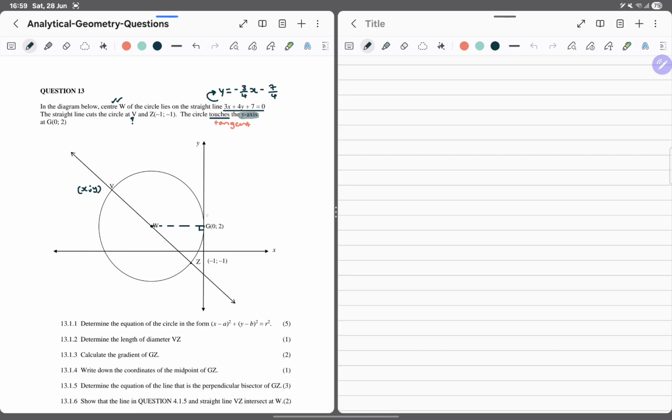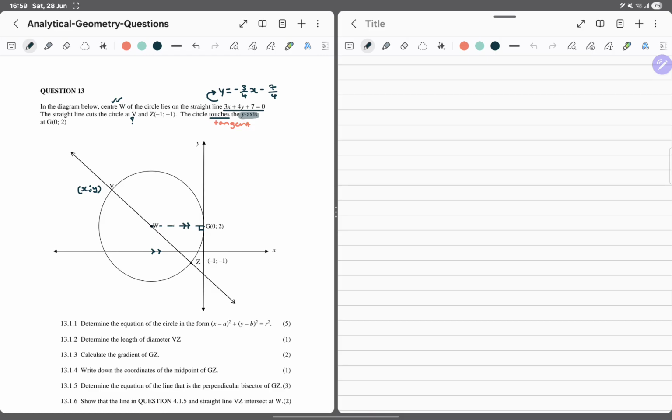Anyway, whatever. We will understand that if this line WG is perpendicular to the y-axis, it must be parallel to the x-axis. Right? Because the x-axis is itself perpendicular to the y-axis.